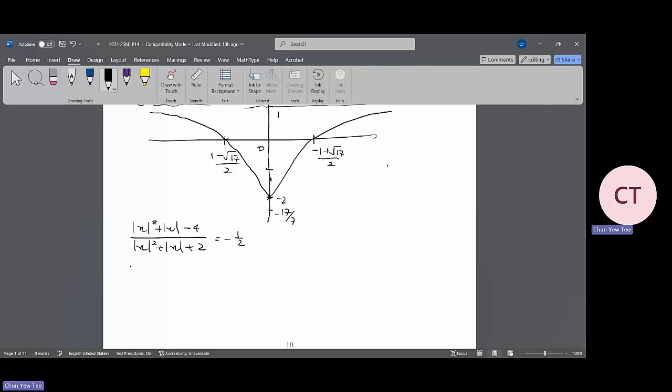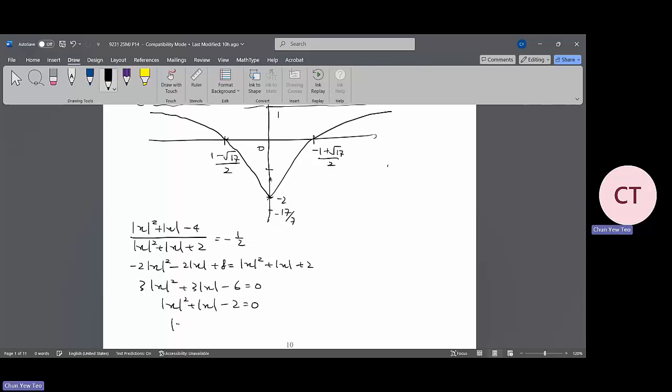So you will get negative 2 modulus x squared minus 2 modulus x minus 2 plus x equal to modulus x squared plus modulus x plus 2. So you will get 3 modulus x squared plus 3 modulus x minus 6 equal to 0. Divide everything by 3.